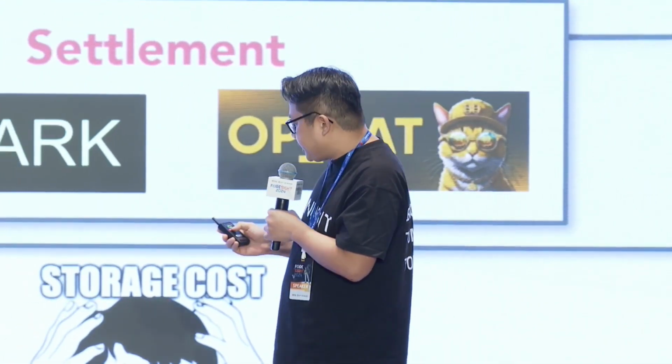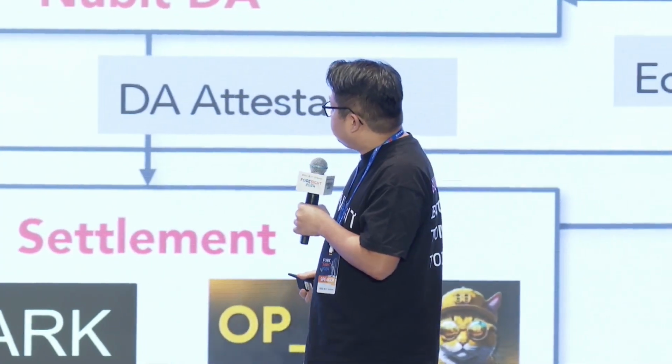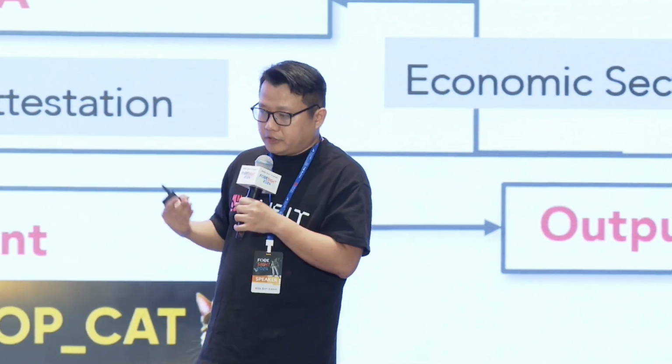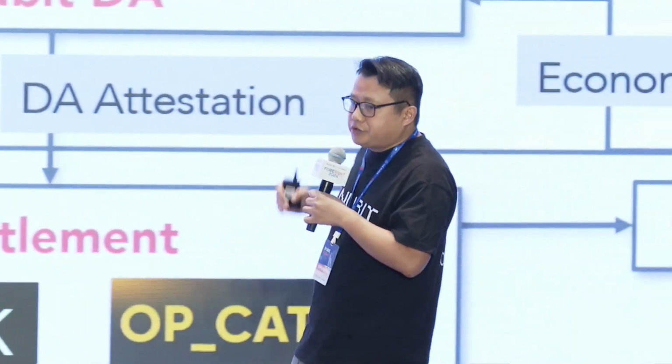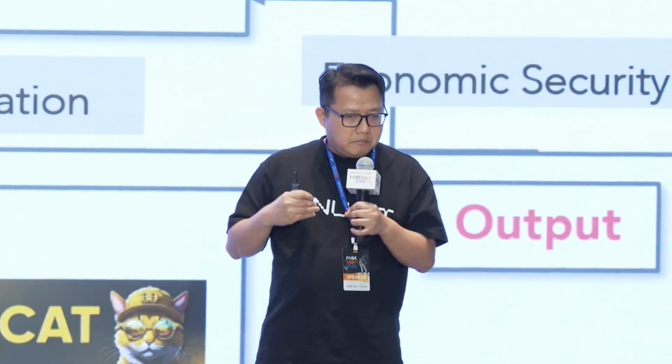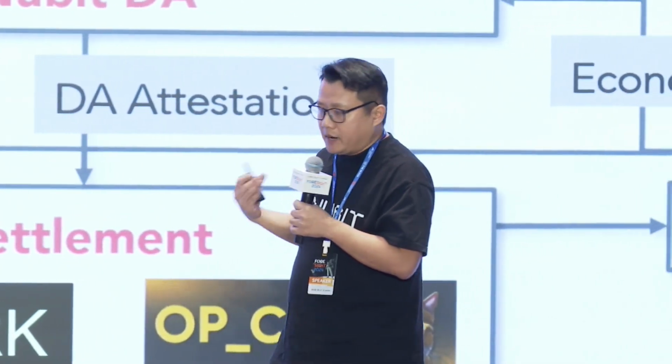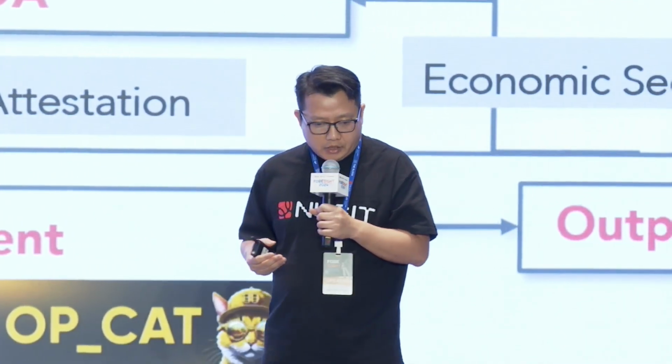So as a result, basically this is the first instance of the adaptable layer that we instantiate for the Bitcoin ecosystem. So you can think of at the top, in order to mitigate the bottlenecks of this kind of data access cost as well as capacity, we introduce Nubit DA.